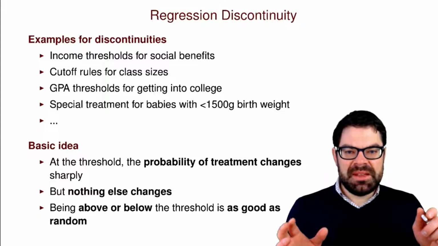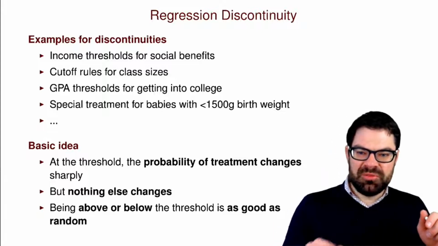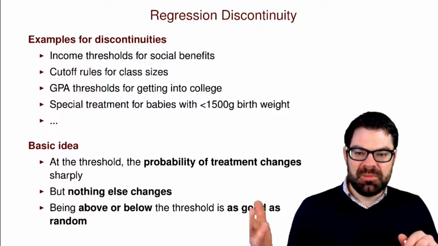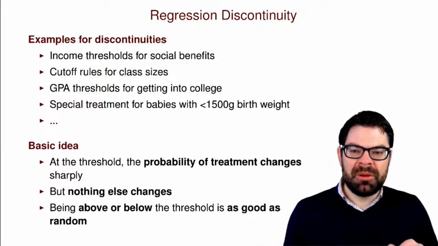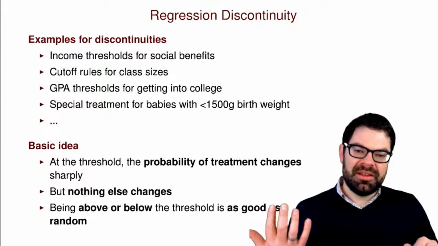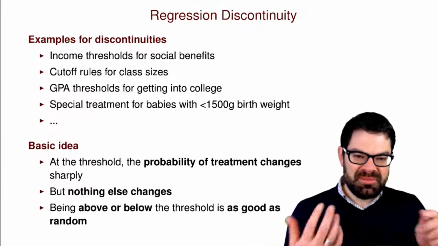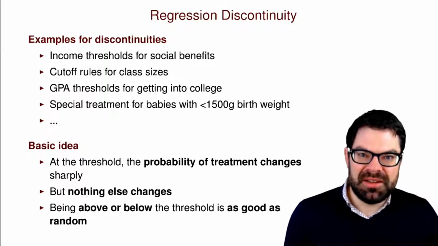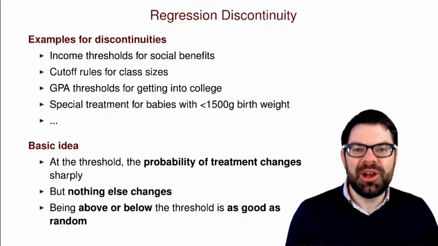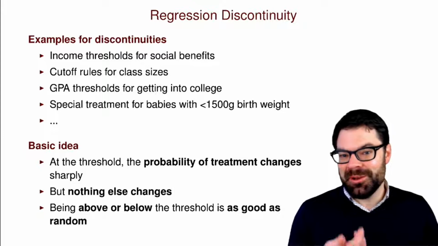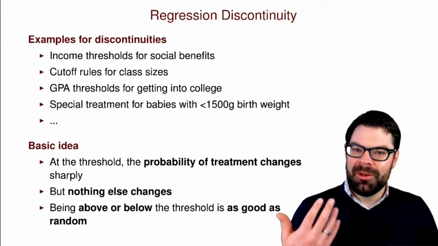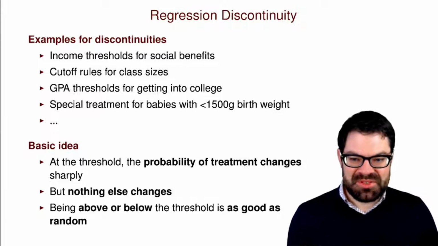That obviously depends on whether units can select into being above or below the threshold. But for example, when it comes to GPAs or the birth weight of babies, that is obviously pretty hard to manipulate. You cannot really manipulate as a parent whether your baby has 1,503 grams or 1,497 grams.